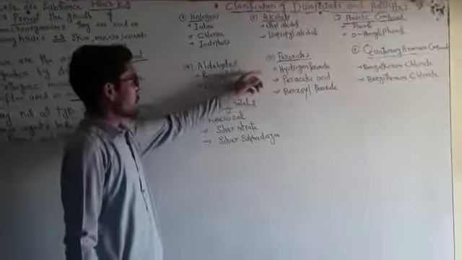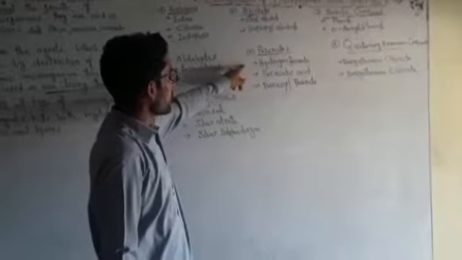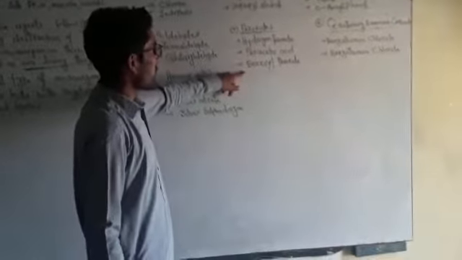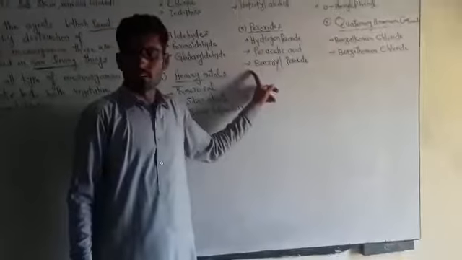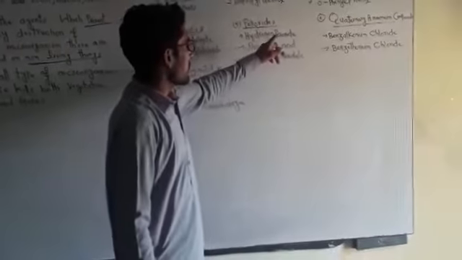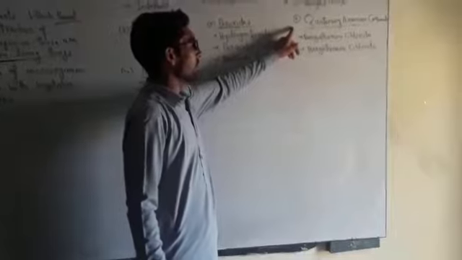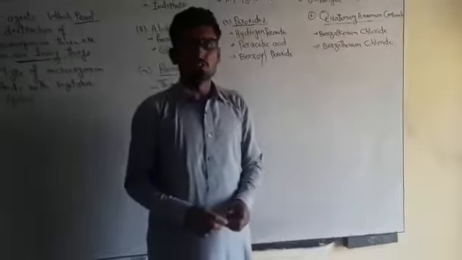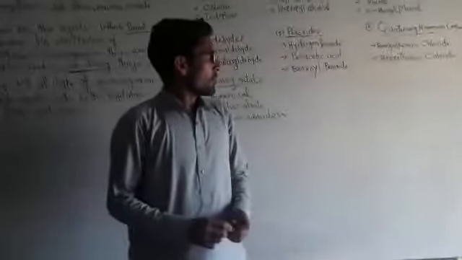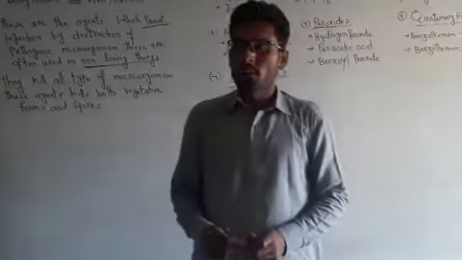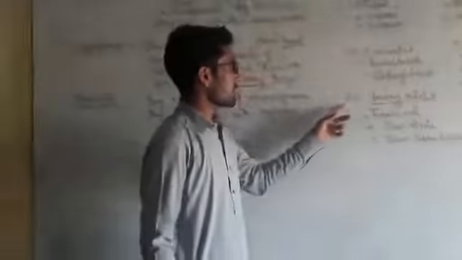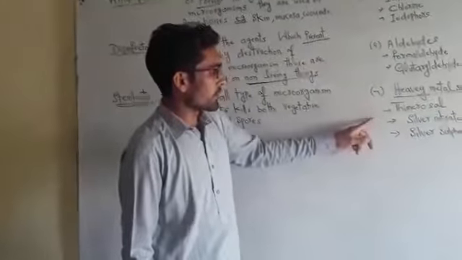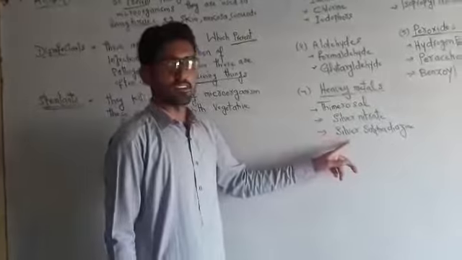The fifth one is peroxides. Peroxides include hydrogen peroxide, acetic acid, and benzoyl peroxide. The sixth class contains quaternary ammonium compounds, which include benzalkonium chloride and benzethonium chloride. The last class is heavy metals. They include thimerosal, silver nitrate, and silver sulfadiazine.